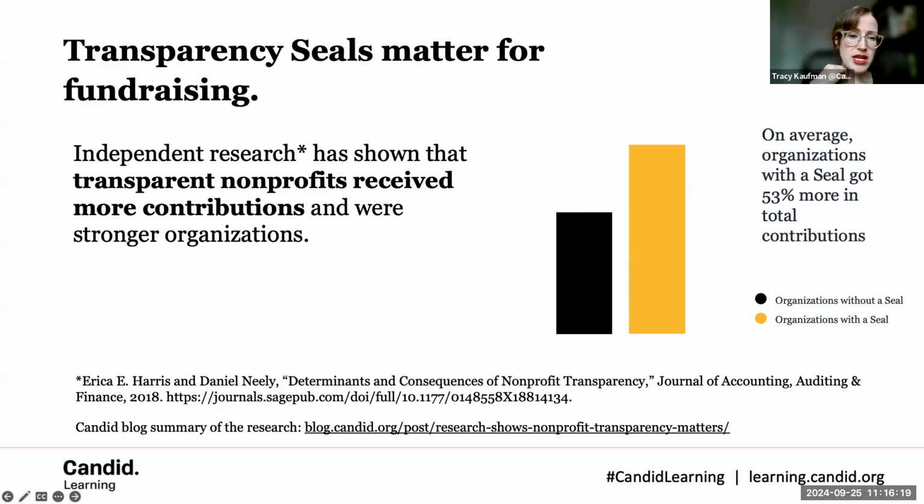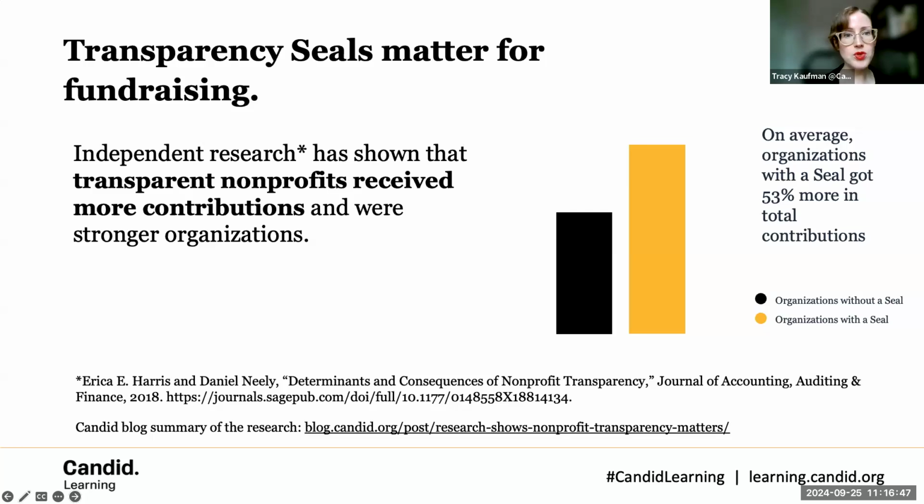There was a study done, I think it was through Villanova University, but ultimately published in an accounting journal, in which 2 cohorts of nonprofits were studied over the course of a couple of years. In year 1, no one had a seal of transparency on Candid. In year 2, just one of the 2 cohorts of nonprofits took the time to get a seal of transparency.